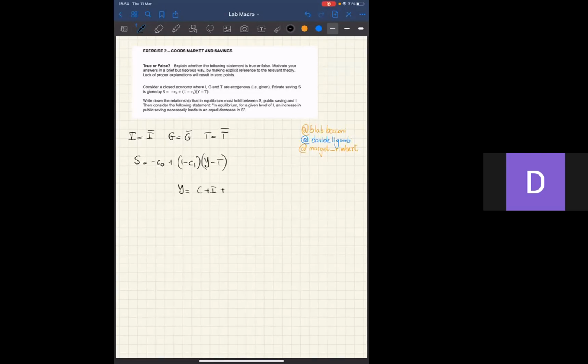we can first understand that income is the sum of consumption, investment, and government spending, and these are the basics. This is the very quick proof that your professors have already done in class, which is subtracting T at both sides. From here, you can already see that we have Y minus T minus C if we move C over to that side, and on the other hand, we have T minus G. So it's just a little bit of rearranging.